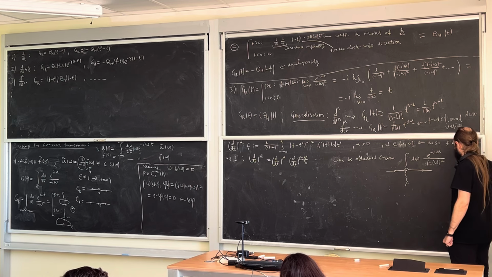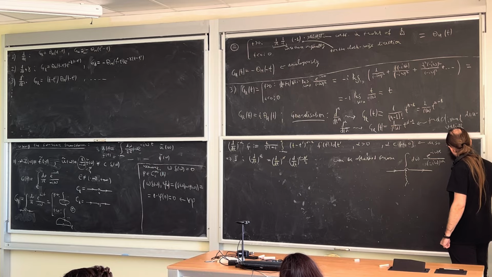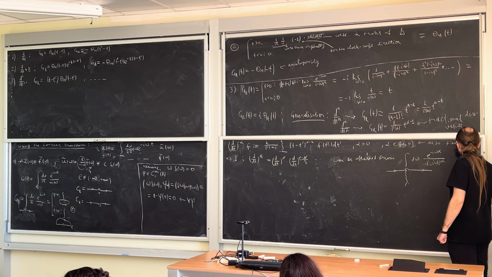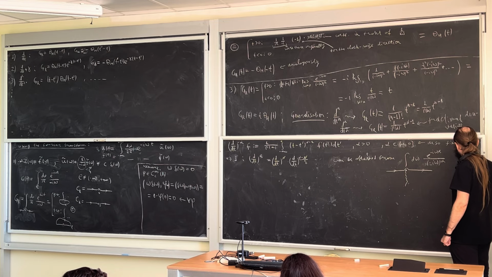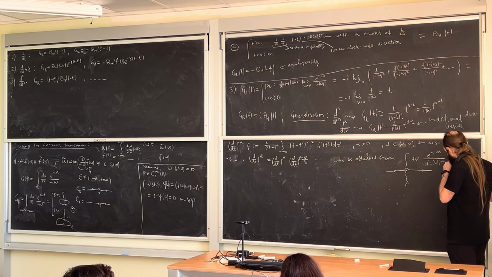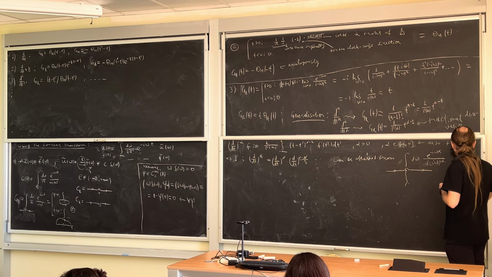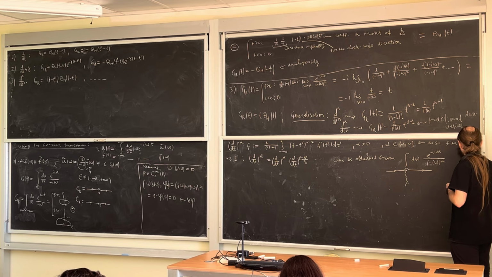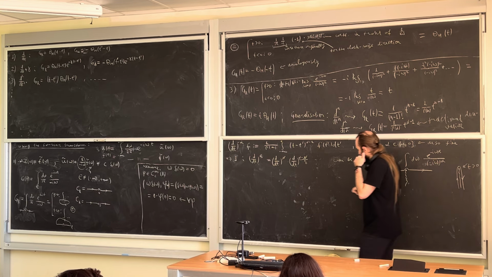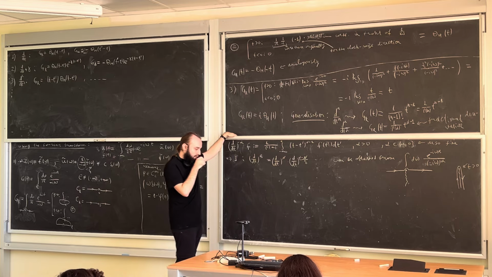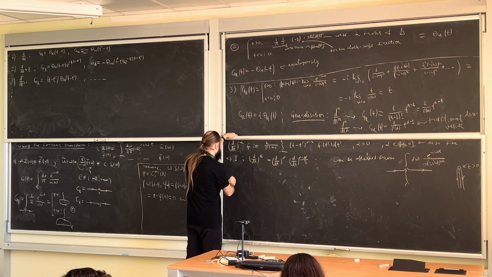We should write it like this. We can only deform the contour so that it encircles the branch cut. This is for t greater than 0.